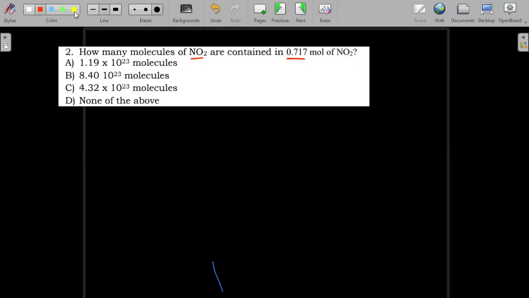Here we can use the atomic mass approach, or if you want, you can use the Avogadro's constant approach. The Avogadro's constant approach is the simplest. You just say one mole of anything contains 6.022 times 10 to the power 23 particles.